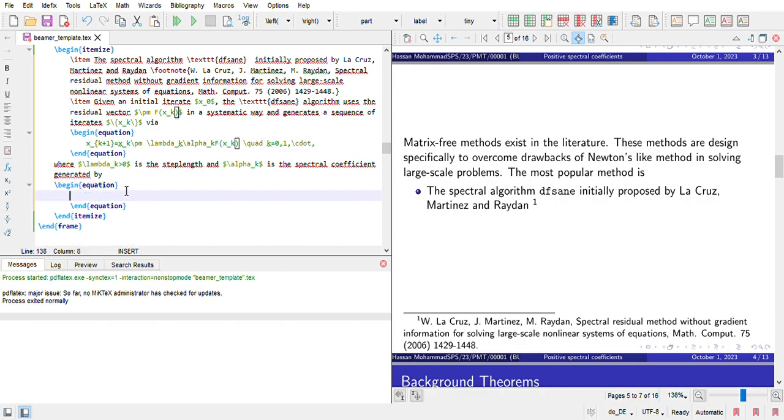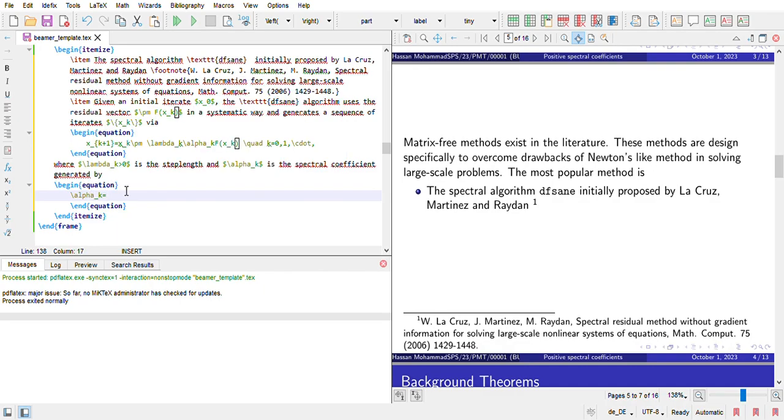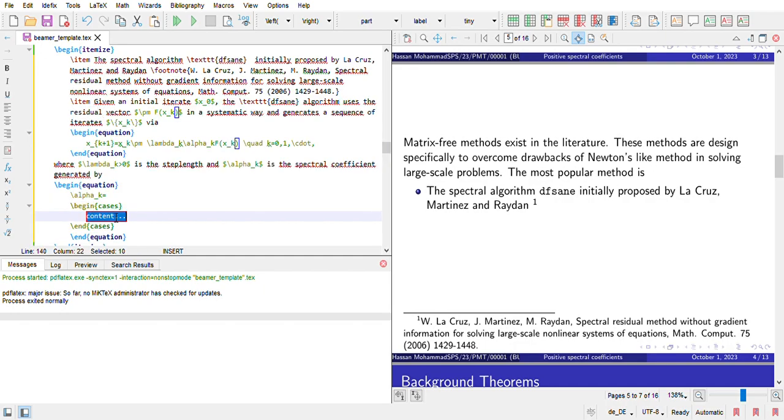Then I'll have to put backslash alpha_k is equal to, then alpha_k is given, the definition of alpha_k is given in cases, so I have to also begin cases there, begin cases, and end cases. Then the first case is alpha_k equals 1 if k is 0, so it's 1.